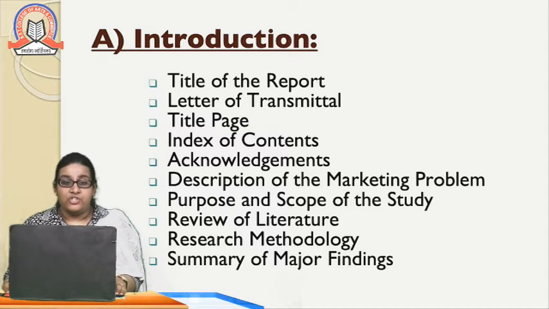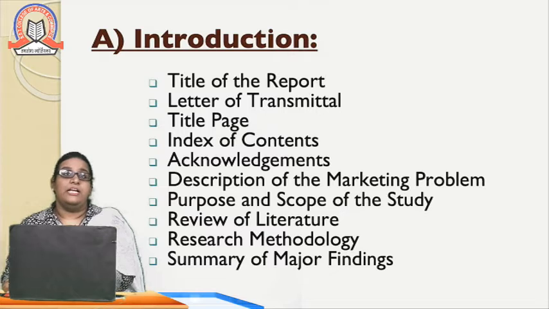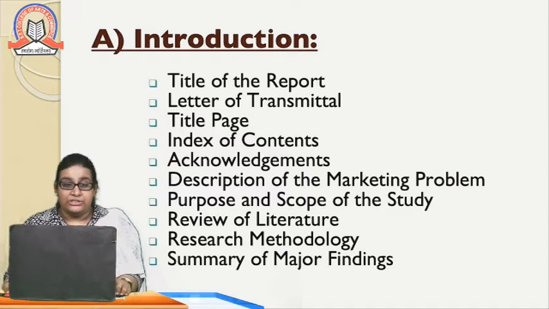Then the title page should be there. Then an index of the contents, with the pages where the data collection is, so a proper index should be there. Then the acknowledgement, the persons to whom we have to give credit.